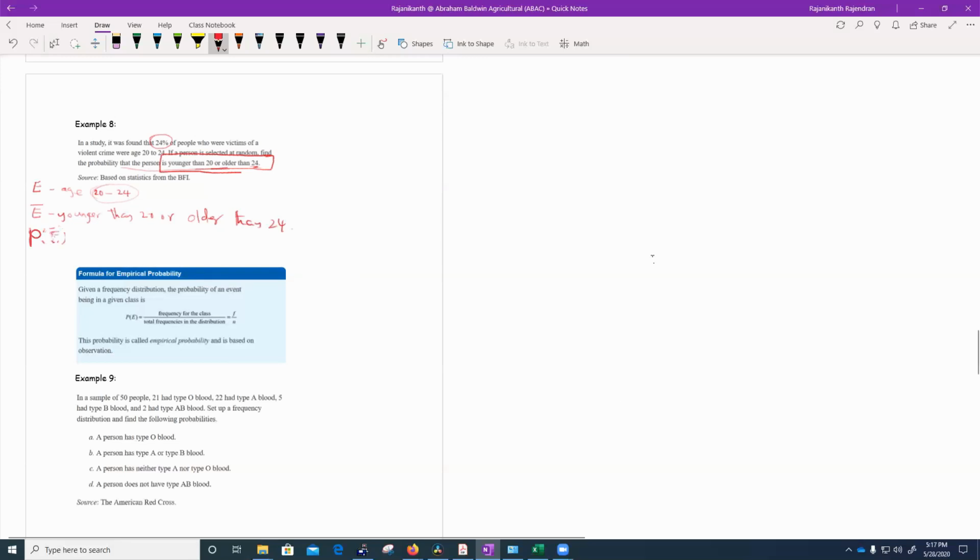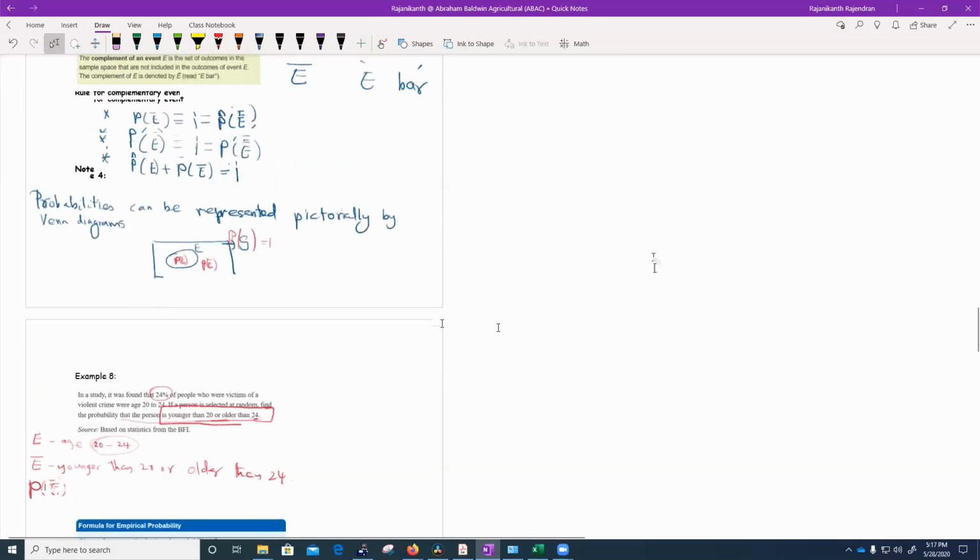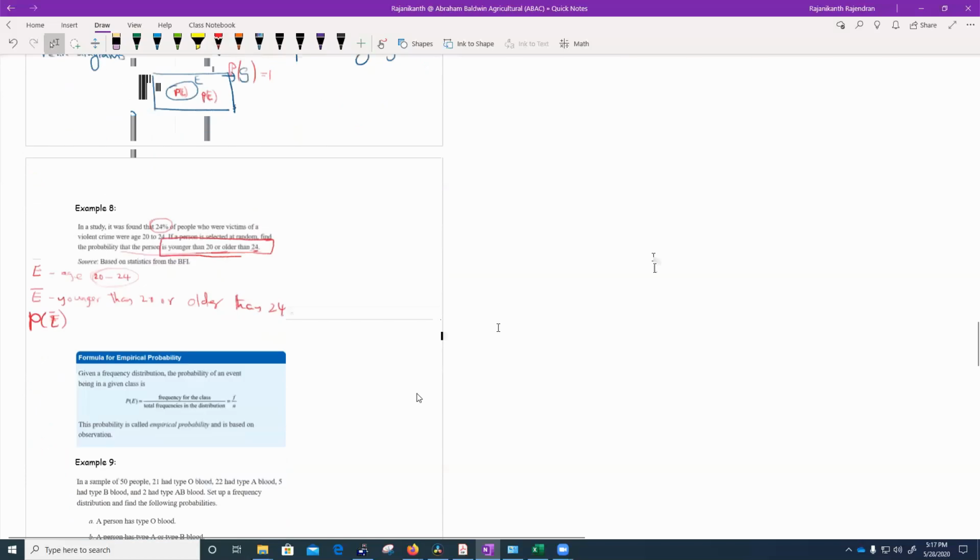If you look at the previous relationship between E complement and E, remember we have three properties of E complement. The probability of any event complement is given by 1 minus the probability of that event, right? Now, if my event E is the age 20 to 24, then what is the probability of having that age range?